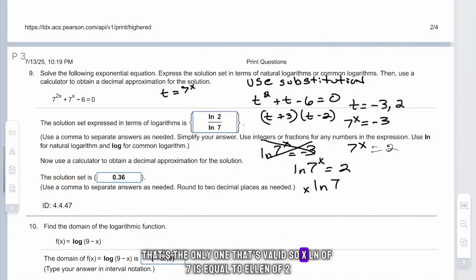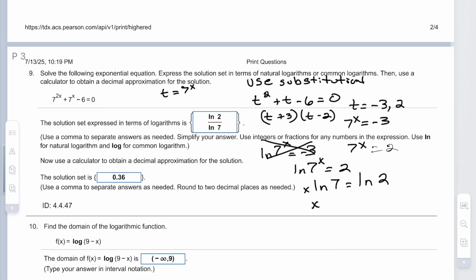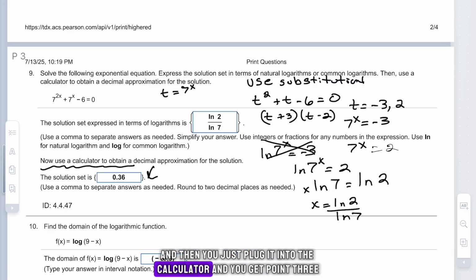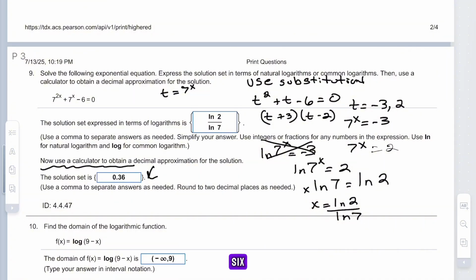So x ln of 7 is equal to ln of 2 and x. So x equals ln of 2 over ln of 7. And that is where you get your answer above. And then you just plug it into the calculator. And you get 0.36.